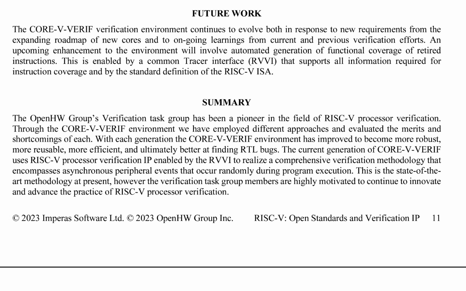The current generation of CORE-V-VERIF uses RISC-V processor verification IP enabled by RVVI, and realizes a comprehensive verification methodology that encompasses asynchronous events that occur randomly during program execution. This is the state-of-the-art methodology at present.